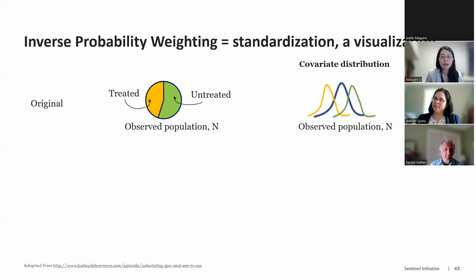The same colors are also used to show the distribution of covariates, say the age variable, in the two exposure groups. We can see that the two distributions of age in the exposure groups differ from each other, and also from the age distribution in the overall study population, shown in blue in the middle.